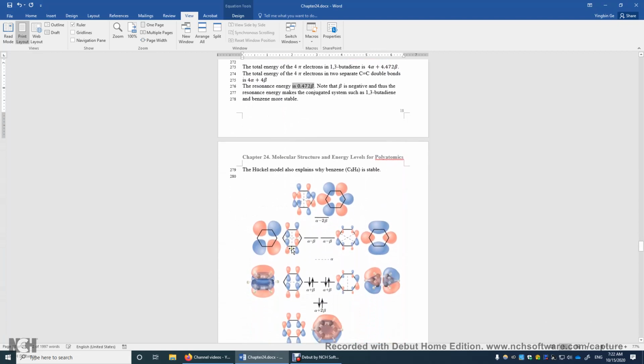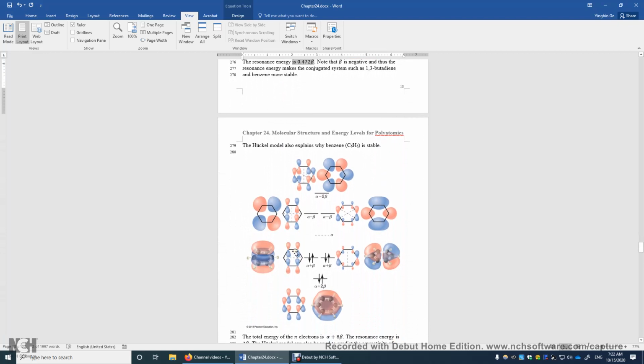Now let's look at benzene. We can solve the molecular orbital energies for benzene using a similar algorithm. You need to make a 6x6 determinant to describe the interaction among these 6 pi electrons mathematically, and you set that determinant to 0.